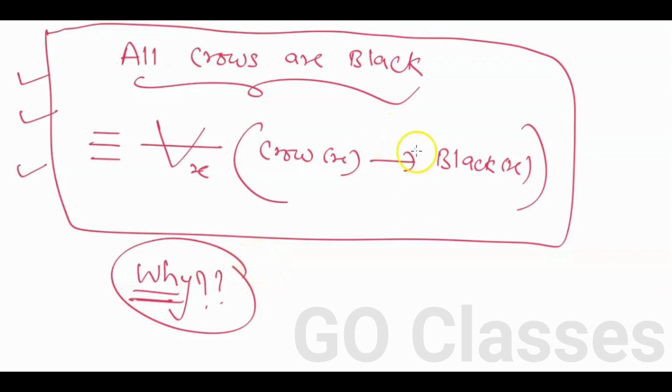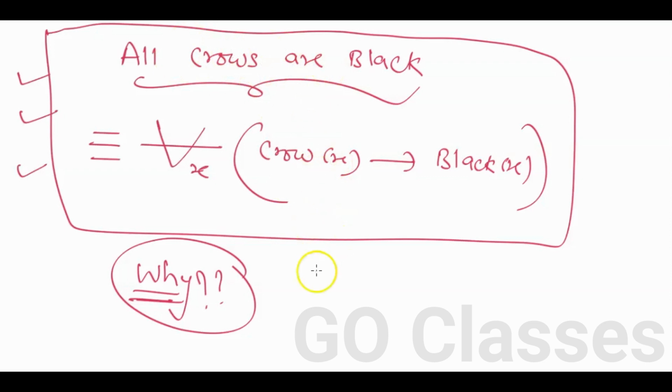Why we cannot use conjunction here, why we cannot use disjunction here, why we cannot use biconditional here. So all these cases I have told you, and also I have told you the proof why this expression is the correct translation of this English statement.